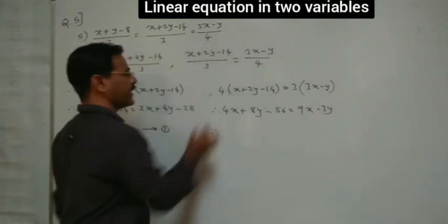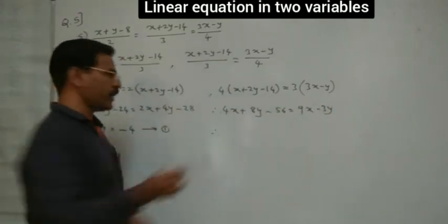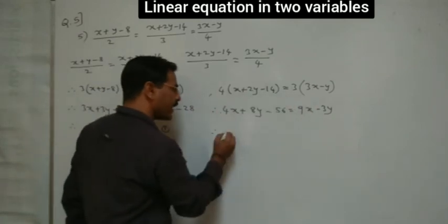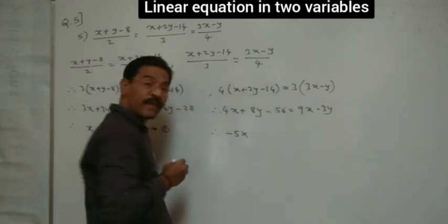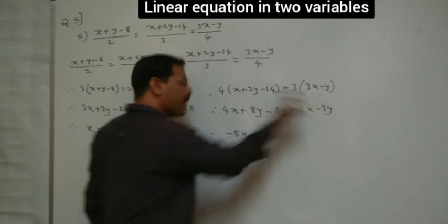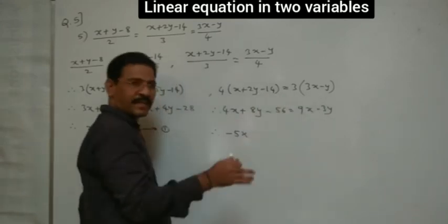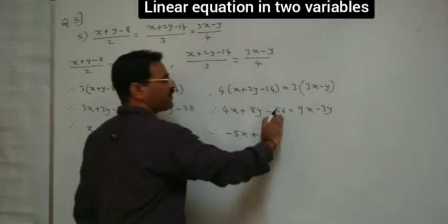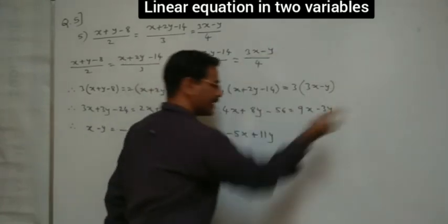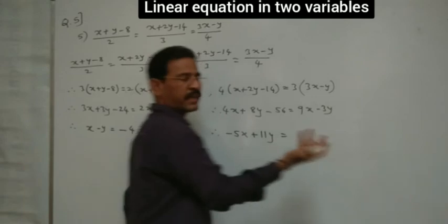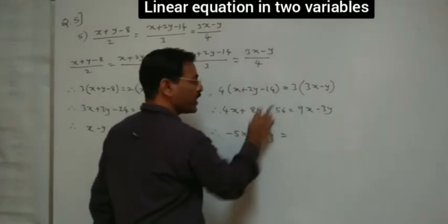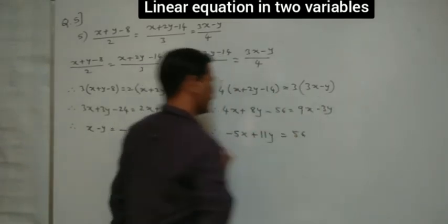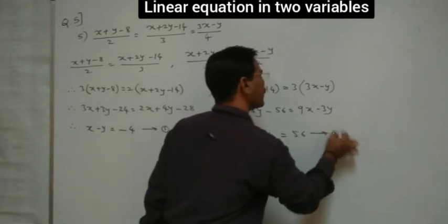Now after getting that, take all similar terms together. 4x minus 9x gives minus 5x. 8y plus 3y gives 11y. Now this 56 goes to that side. There is no constant on the other side, so just keep it as it is but change the sign. This is equation number 2.